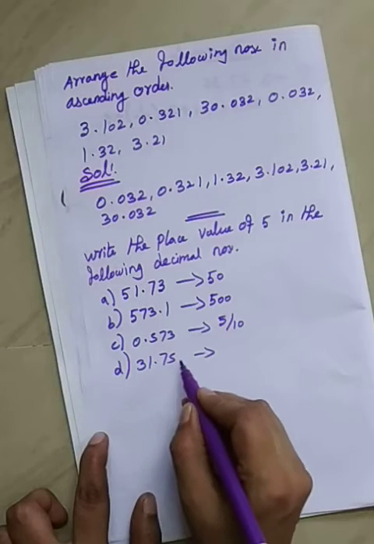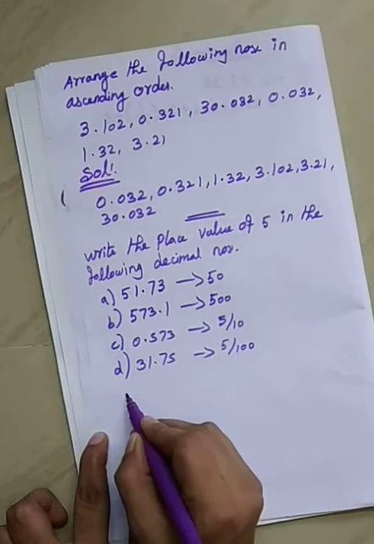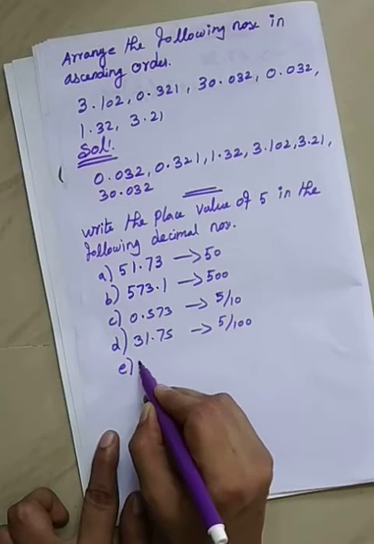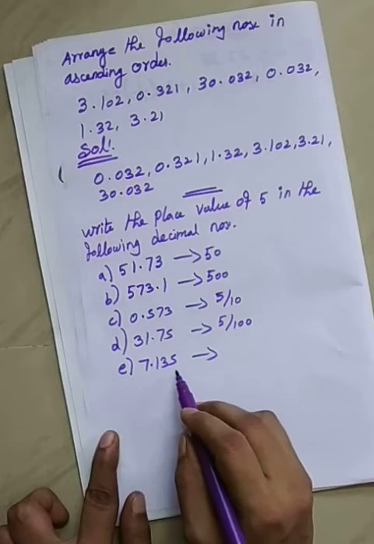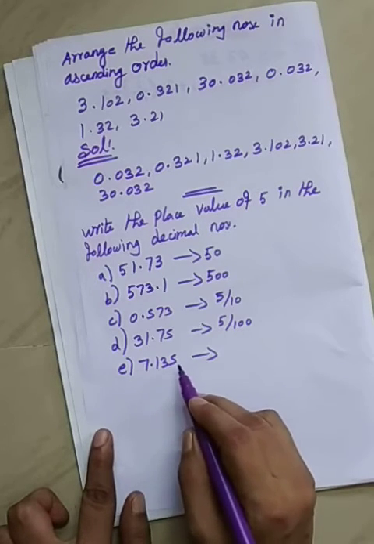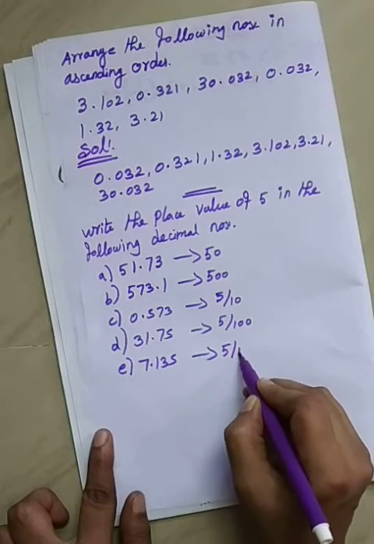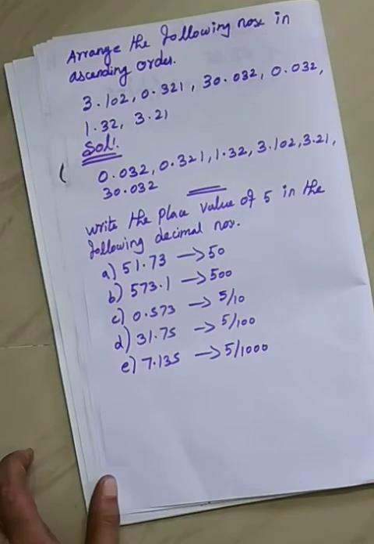In this, 5 is in what place? You have to write 5 divided by 100. Okay. The next one, 7.135. What is the place value of 5? See here, you have to write 5 divided by 1000. Everybody clear?